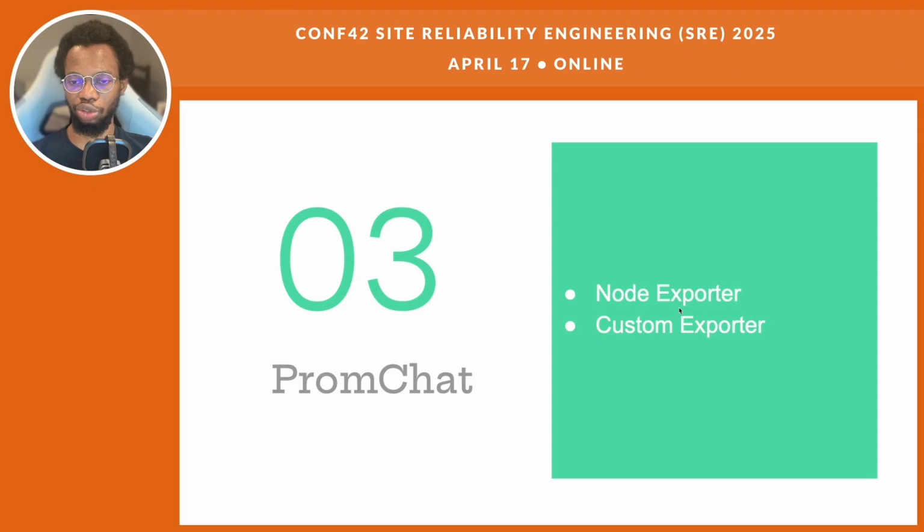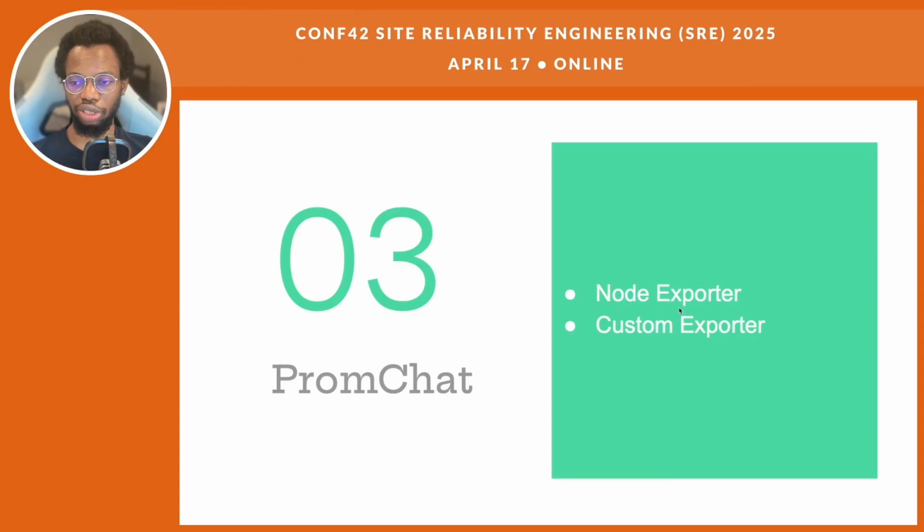So moving on to the third part, we are looking at the tool that was built. The tool itself is called PromptChat, and we'll be exploring it from two points of view. Based on the data inside the Prometheus instance, we've classified it into two examples.